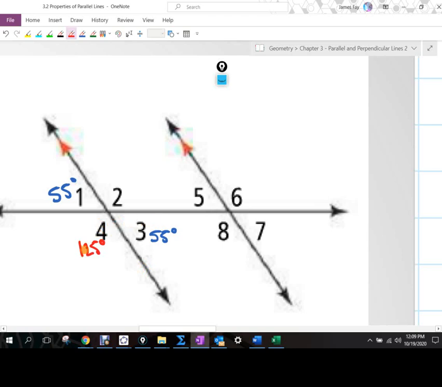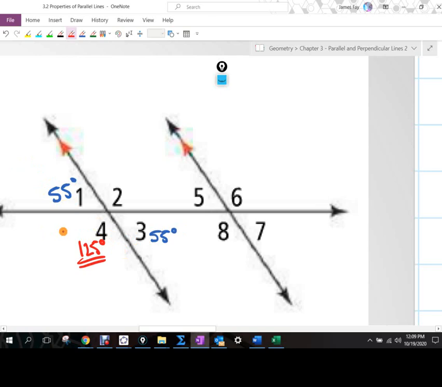Okay, so it's supplementary with 3, and it's supplementary with 1, right? And what I want you to understand is, if it's supplementary with 3, and it's got to be 125, that measurement cannot contradict it being supplementary with angle 1. Does that make sense? Okay, so that has to be matched for both of them.